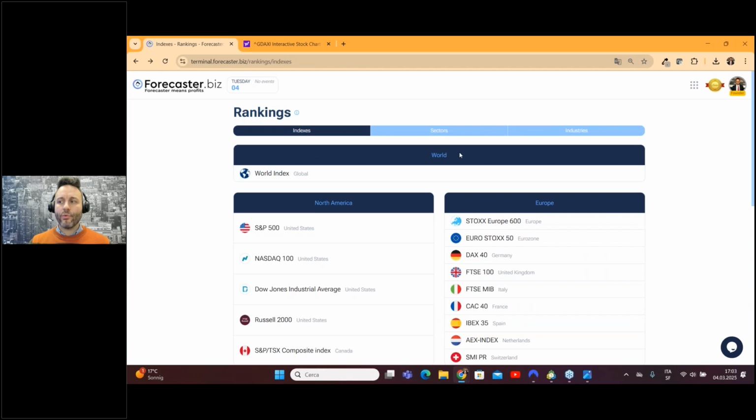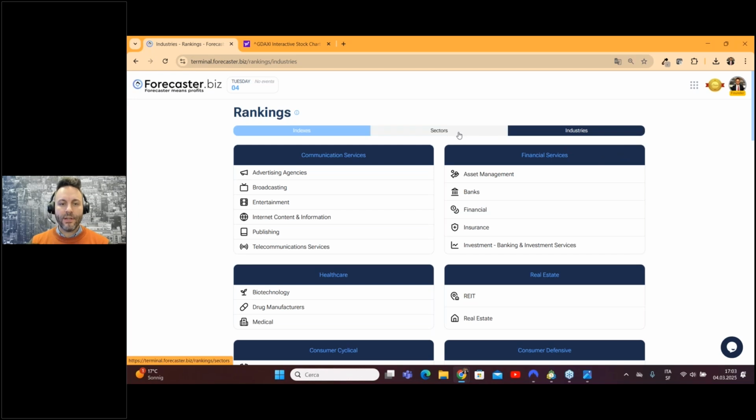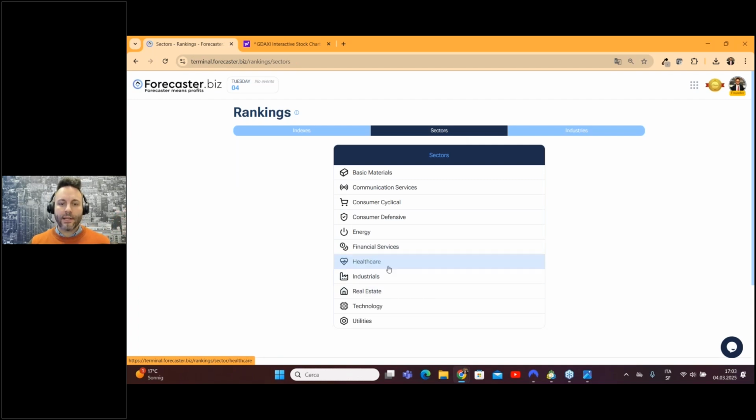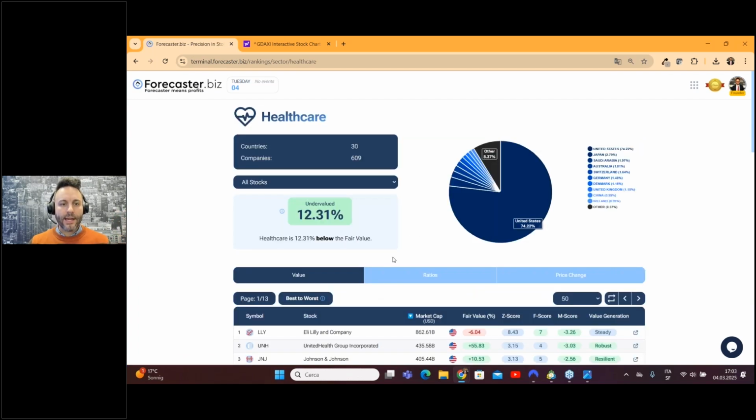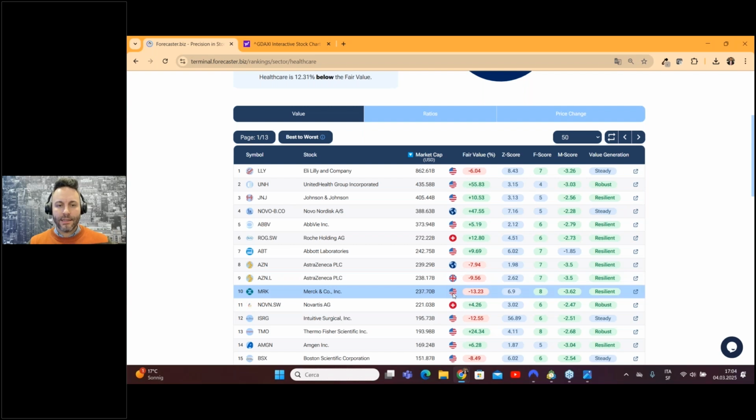We now have the ranking page also for sectors and industries, which is very interesting because if you are interested in a special sector, let's say, for example, healthcare, thanks to the ranking page, now you can have all the companies of this sector from all across the globe, and not only the companies inside a special index.